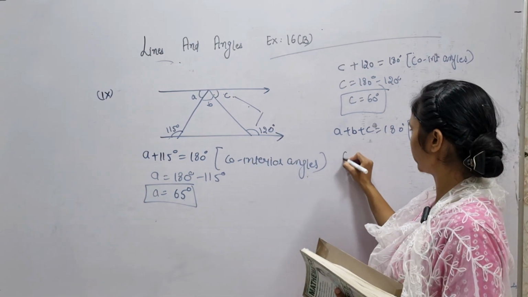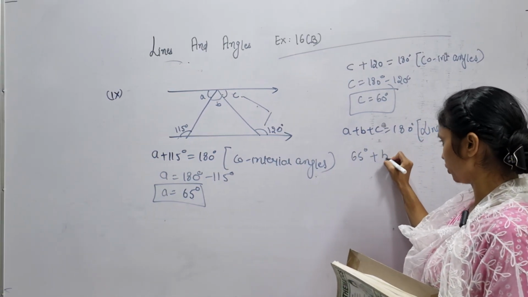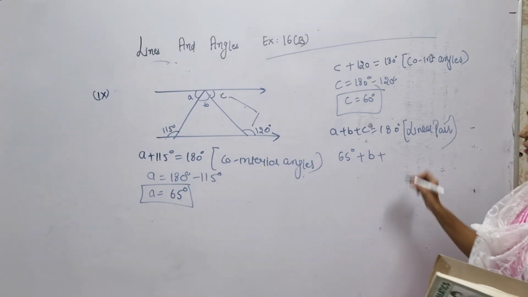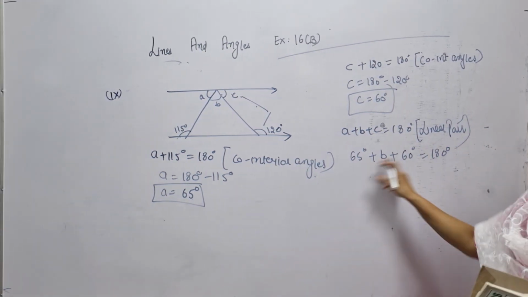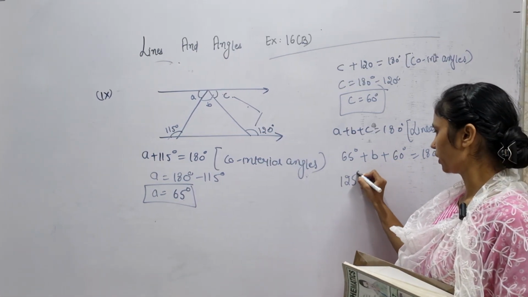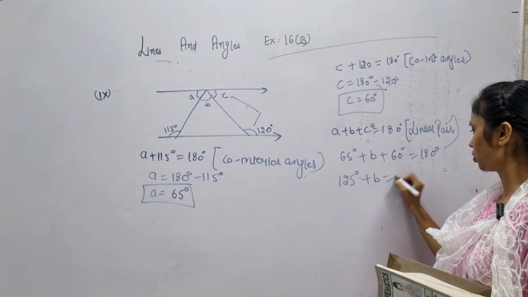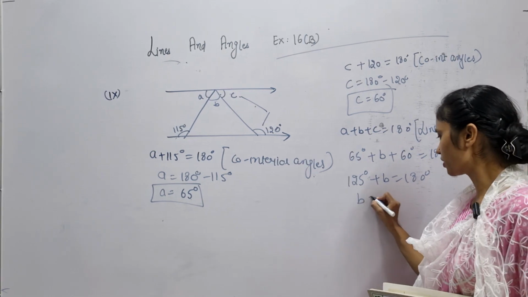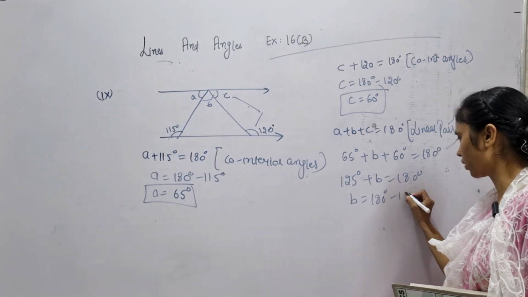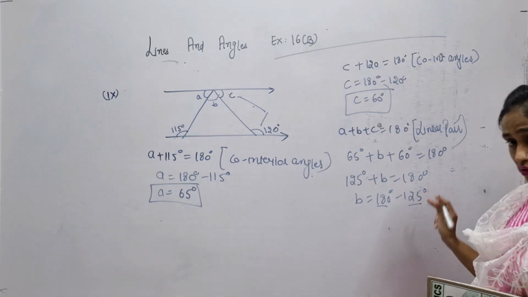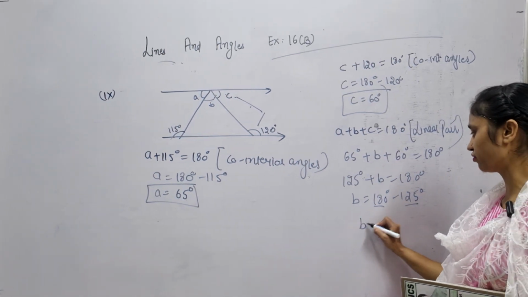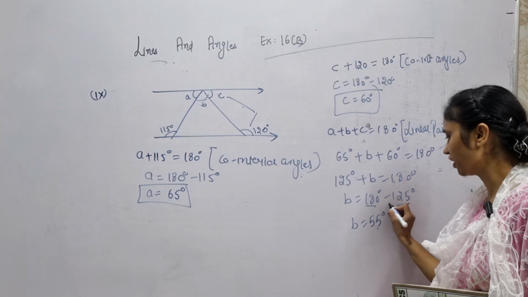A we have calculated as 65 degrees, B we need to calculate, and C is 60 degrees. 60 plus 65 is 125 degrees, plus B is equal to 180 degrees. B is equal to 180 degrees minus 125 degrees, which is 55 degrees.